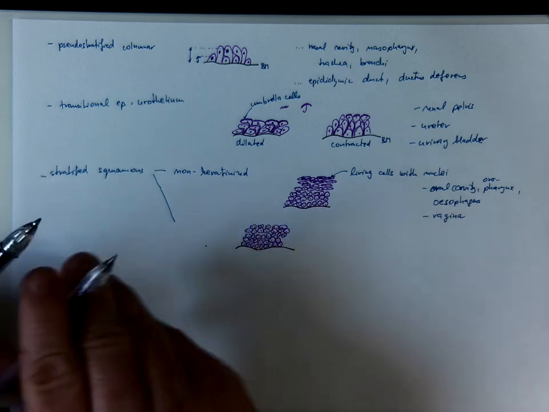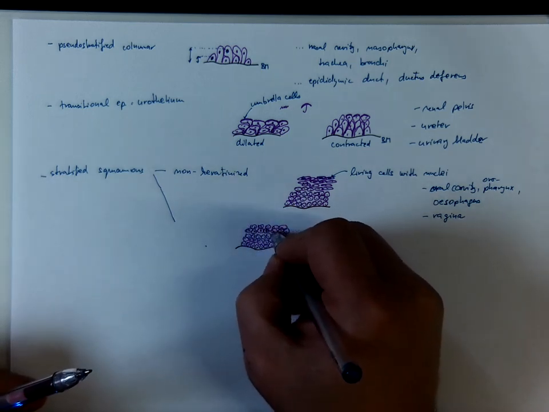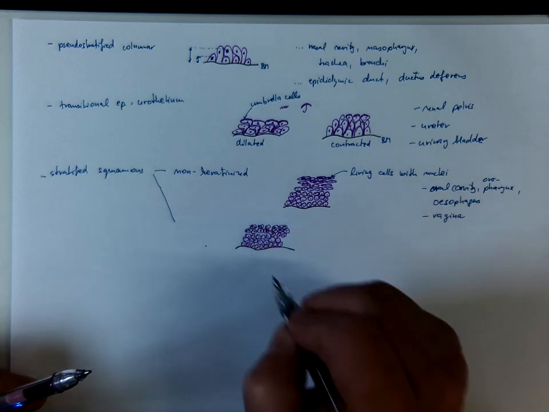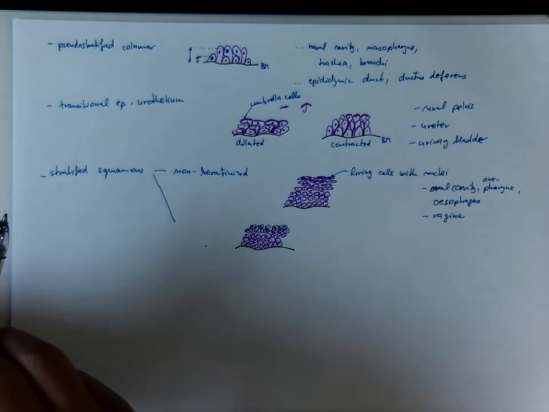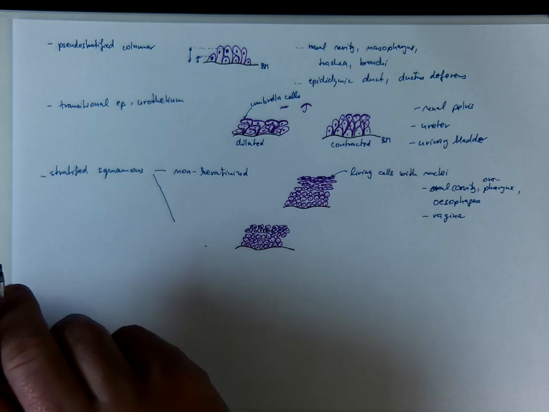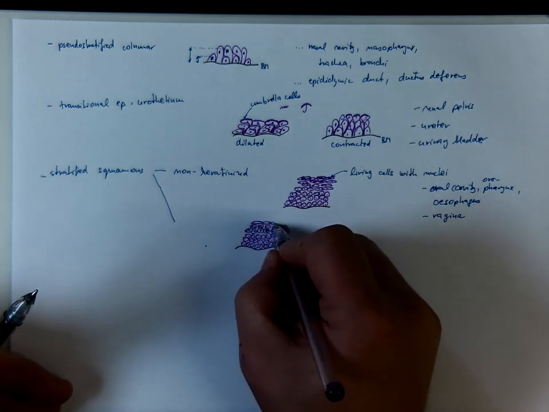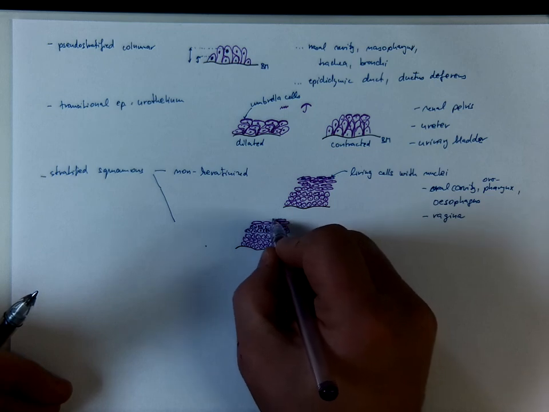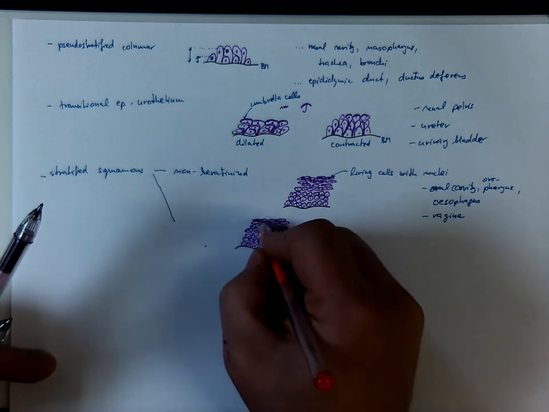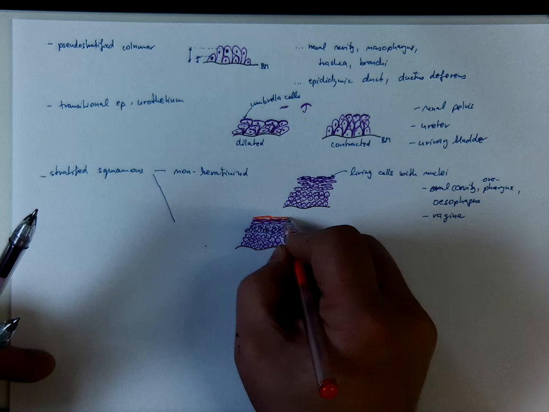These are granules of a substance called keratohyalin, and these keratohyalin granules will differentiate or mature into keratin, but the cells will die, they will lose their borders, and they will be gradually filled with a scleroprotein called keratin.